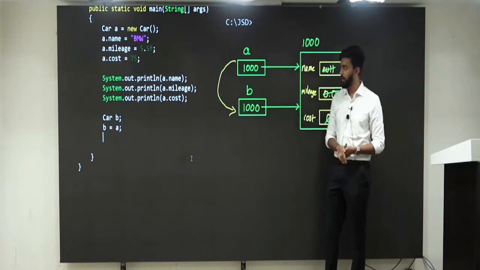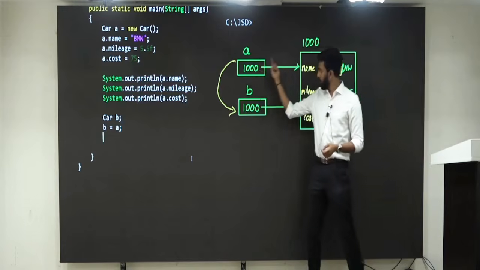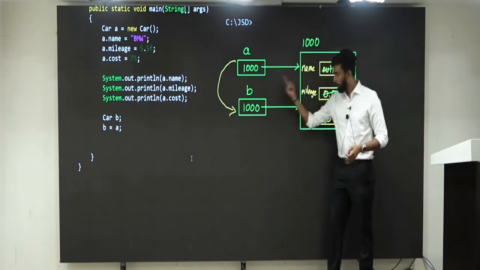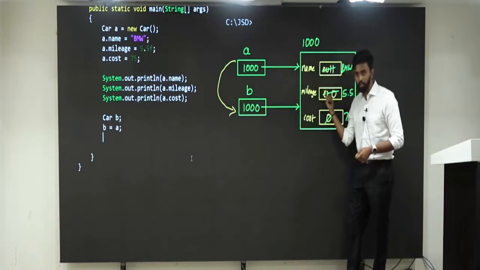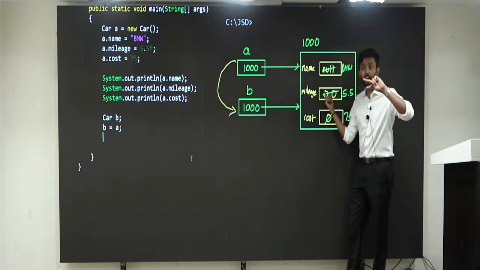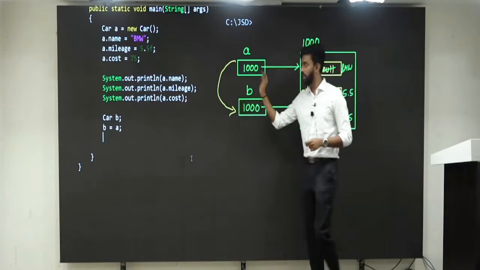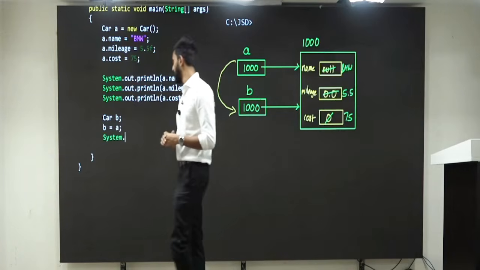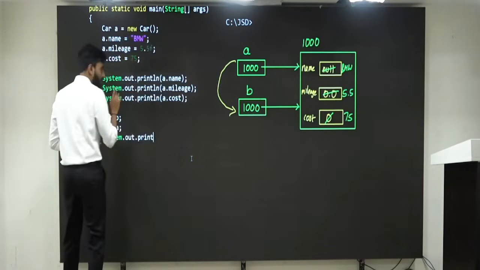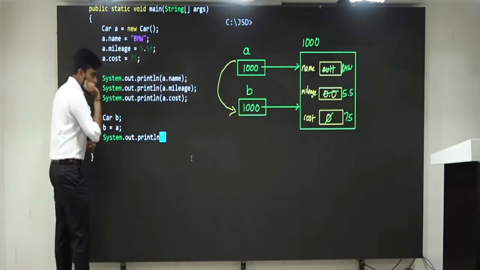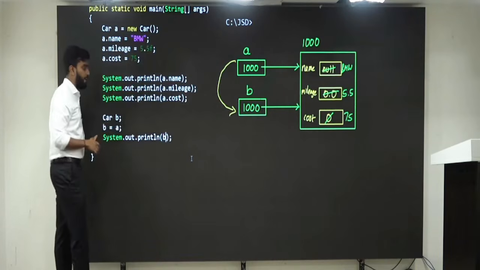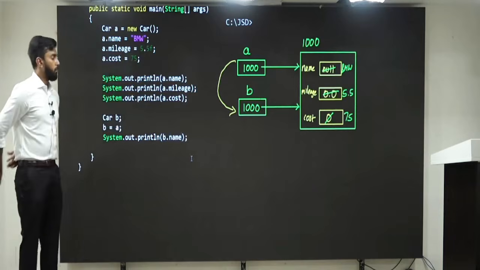Now look at the interesting part. Press enter. A is also this object only. B is also the same object only. Object is same. References are different. Yes or no? Now watch it. System.out.println. I will now not tell A, B dot name. Next, duplicate that line.